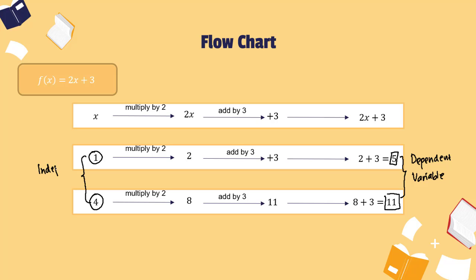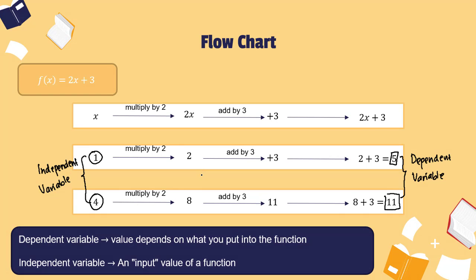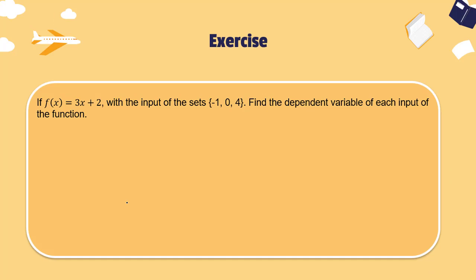And for 1 and 4, we call it independent variable. So basically, the dependent variable is the value that depends on what you put into the function, like 5 and 11. An independent variable is an input value of a function. You can use any number to be an input.